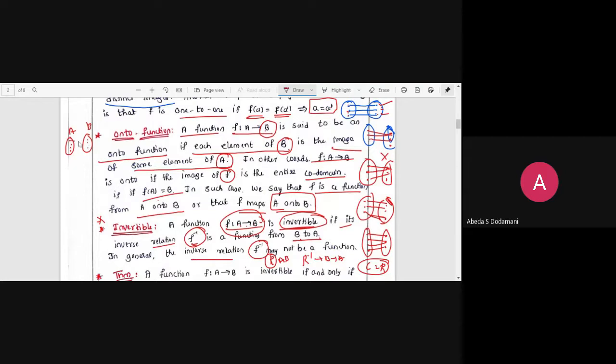So here if suppose I am going this way, I am going this way. When I reverse it, if you observe, one element is going to 2 different images. So that time, when you reverse it, it will not become a function. That's why I've given you, in general, the inverse relation f inverse may not be a function. Okay, so not always, but sometimes it may not be a function. That's why we have said it as in general. Are you following this note, guys?